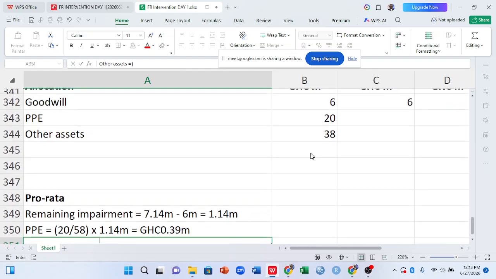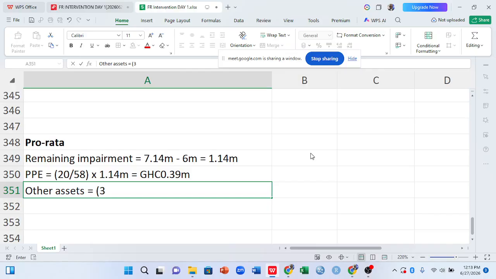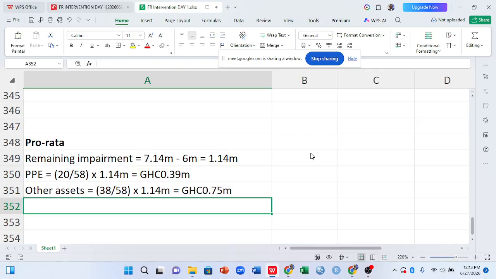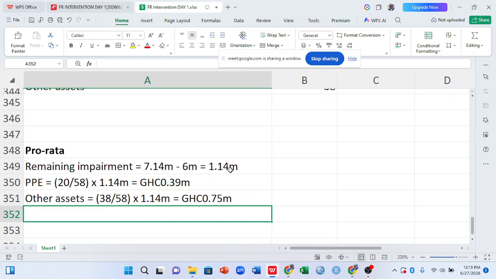That will be 38 divided by 58 times 1.14 million. What do you get? 0.75. So these will be their respective impairments.